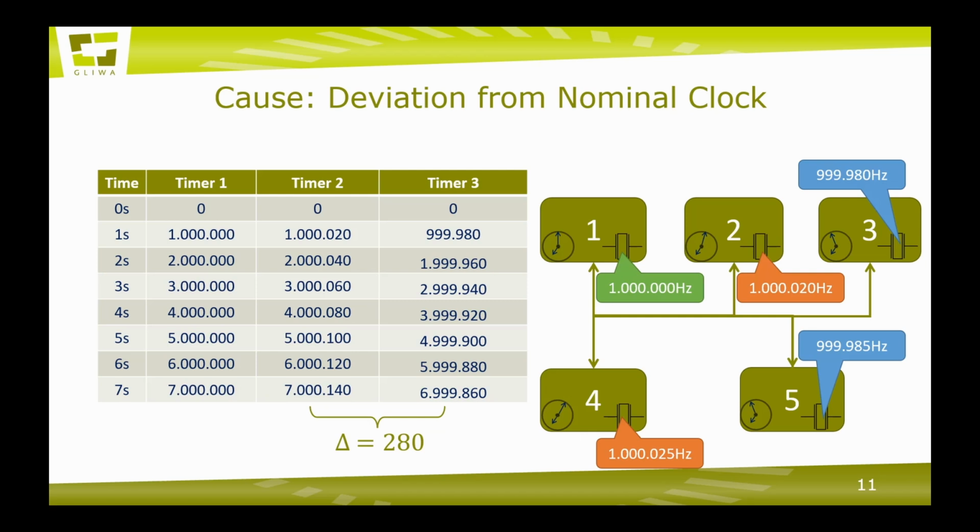But the reality is crystal number 2 runs at 1,020,000, so it's 20 cycles per second too fast, whereas crystal 3 runs 20 cycles per second too slow. If we let that system run, assuming they're perfectly synchronized when we power them up, exactly at the same moment, even after just 7 seconds, these two nodes will already be apart by 280 cycles.